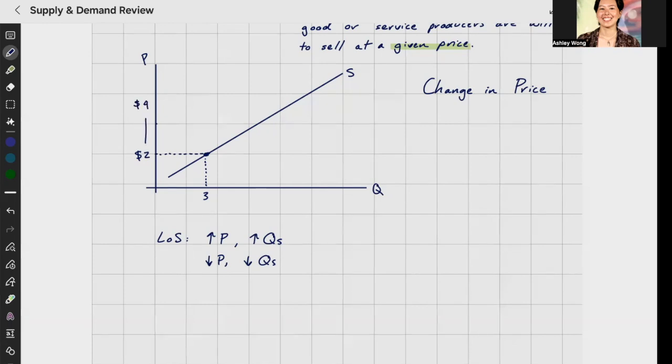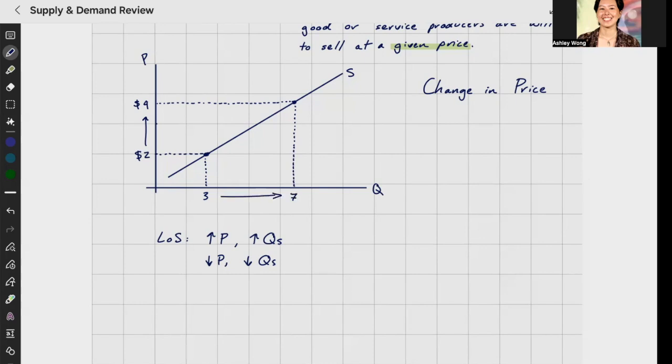So we have a price increase to $4. And according to the law of supply, we know that when the price increases, the quantity supplied will increase as well. And that's shown here on our graph. And we see that the new quantity supplied at this higher price is larger. And we can say that that's maybe 7 units.